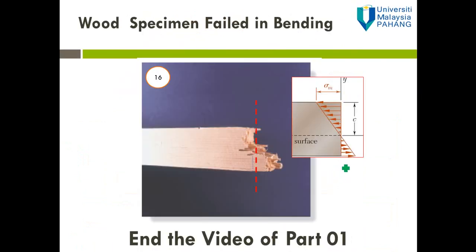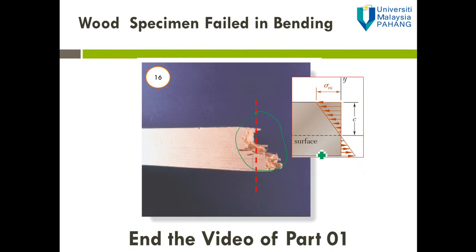Now the last but not least is the fracture surface of the structure. For this case it is a wood specimen that failed in bending. So clearly from here you can see the tensile stress below the neutral axis.